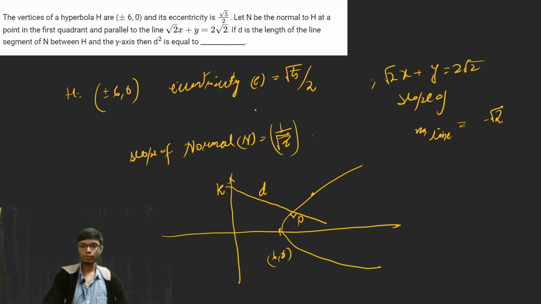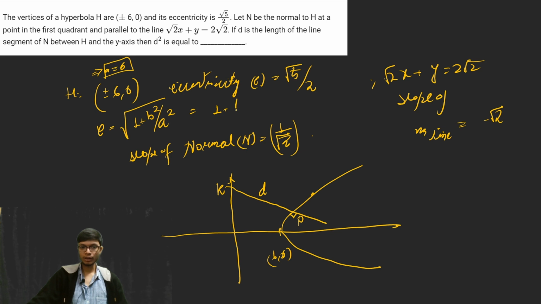From the given information, we have got the value of a as 6. From the eccentricity equation, we will get the value of b. The eccentricity is root 5 by 2, and e squared is 1 plus b square by a square.